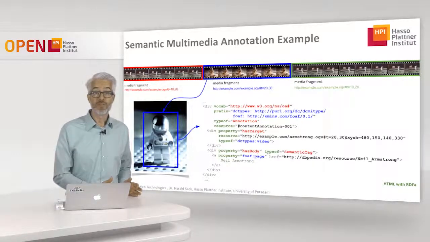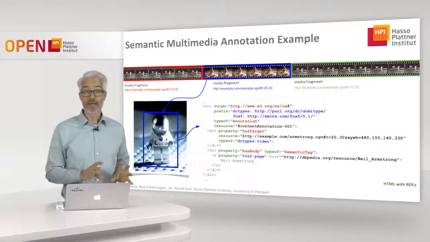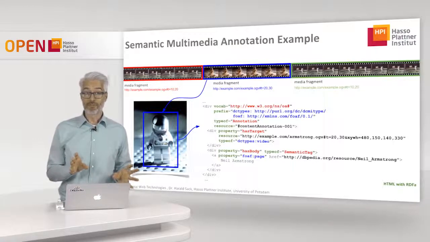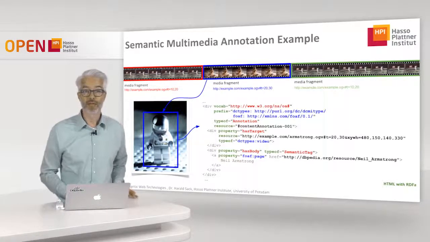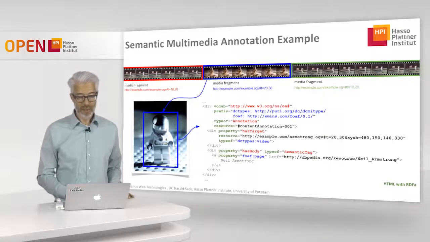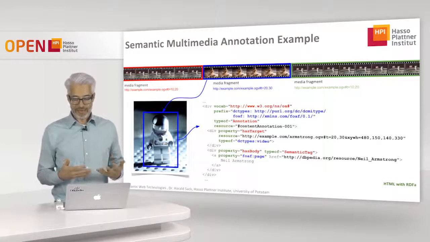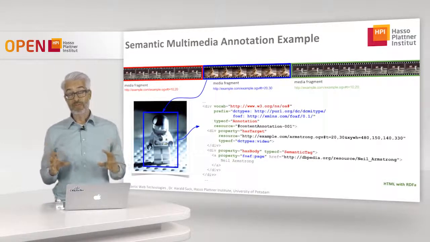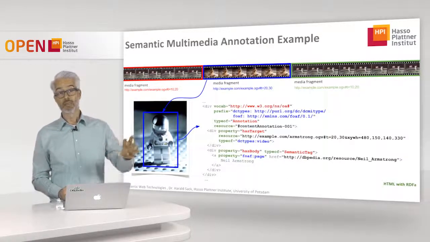And I can do even more. Besides the segment, I can also define a specific part of the single video frame that I want to address, like you see here in that example. Besides the time fragment, I can also give a spatial fragment that I want to address and annotate.